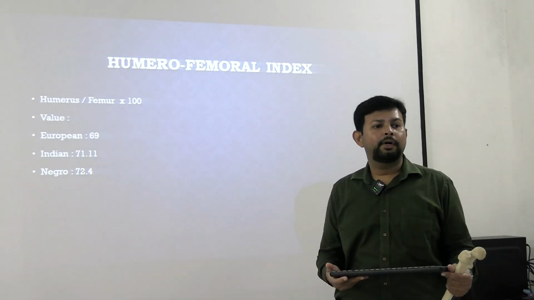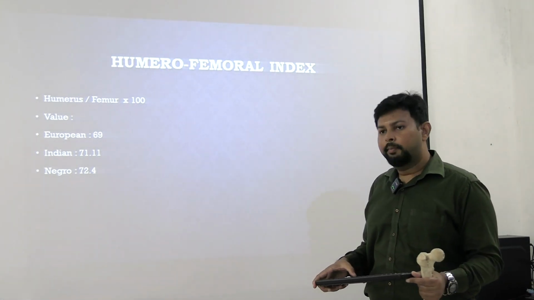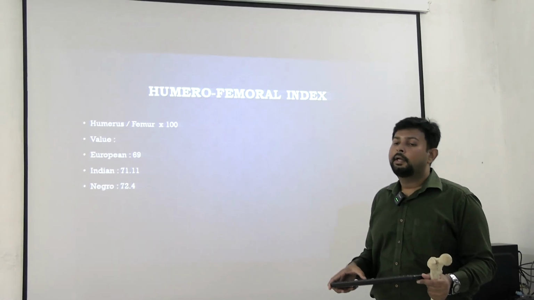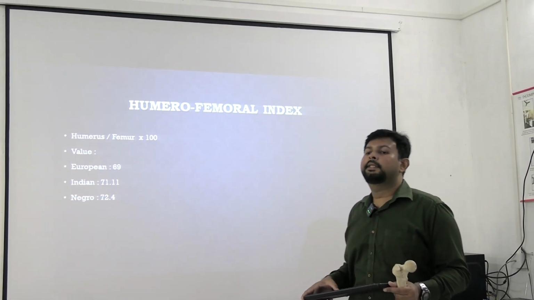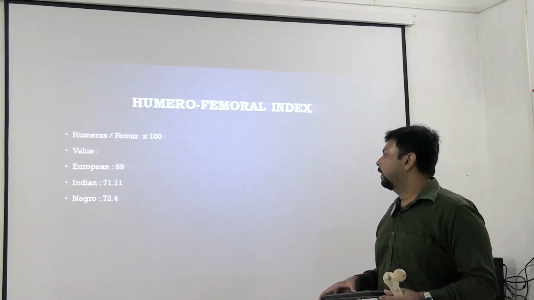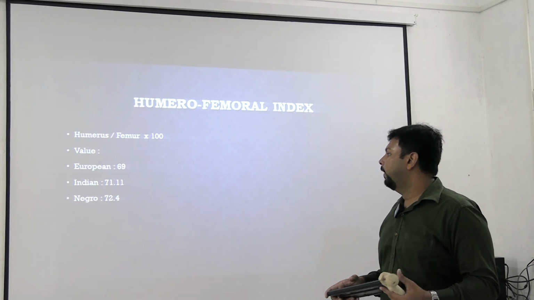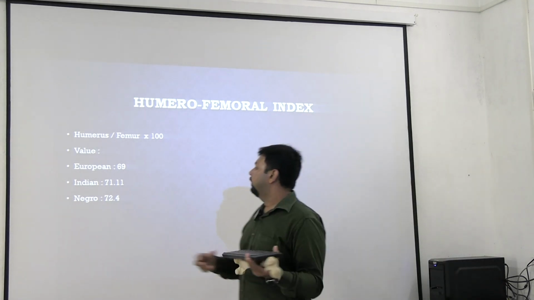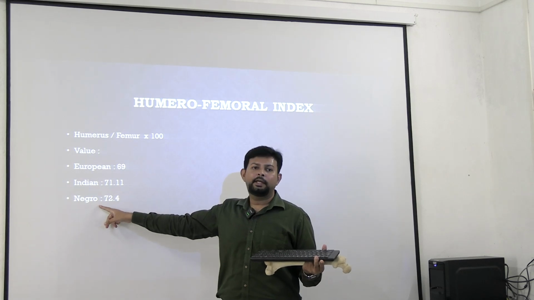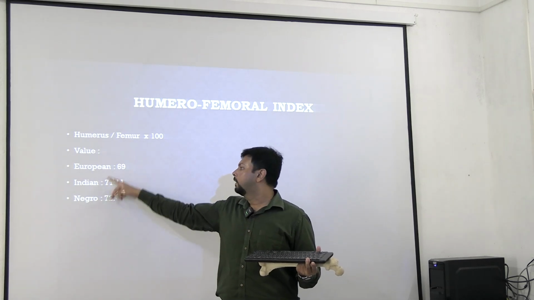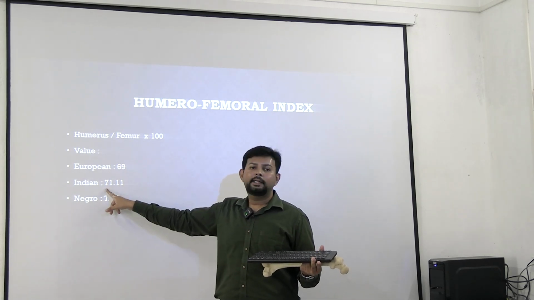That will also give you a ratio. For males the values will be different for Europeans, Negroids and Indians. Anyway, you can see here the maximum is for the Negroids, and then come Europeans and then Indians.